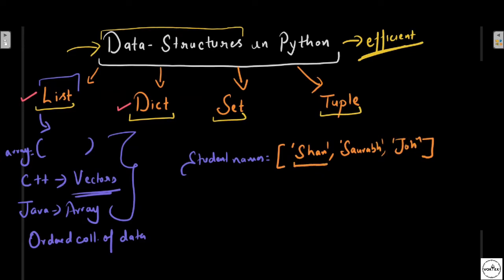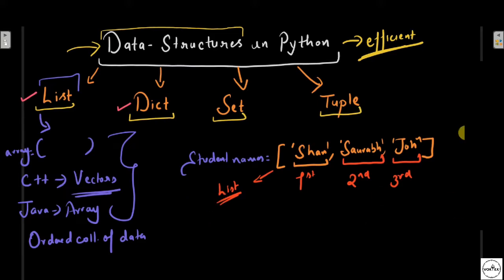So this is my first element, this is my second element in the list, and this is my third element in the list, and each and every element gets separated using a comma. Does this list hold any kind of indexing?